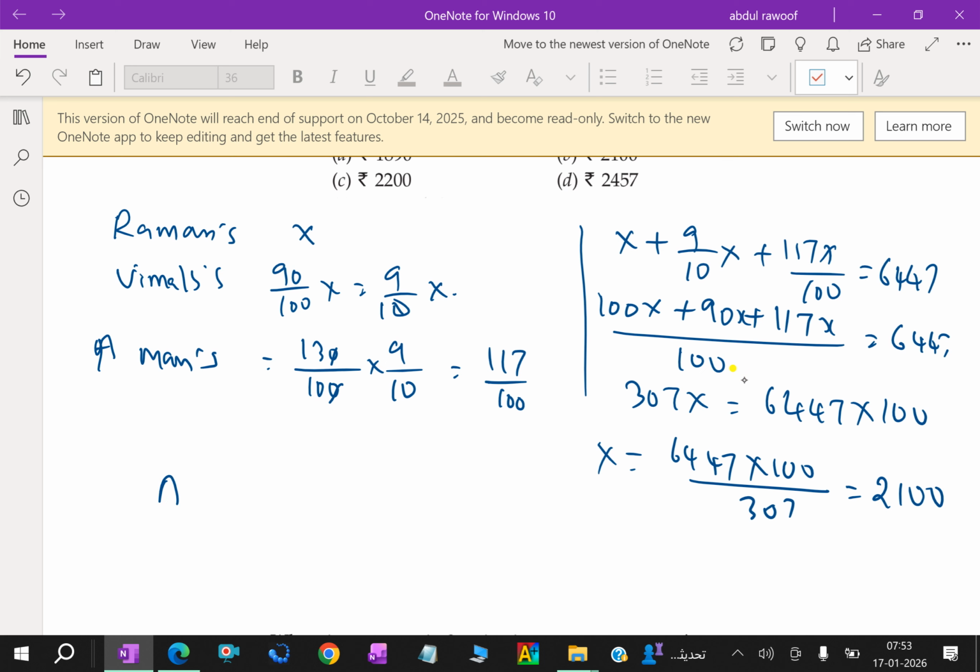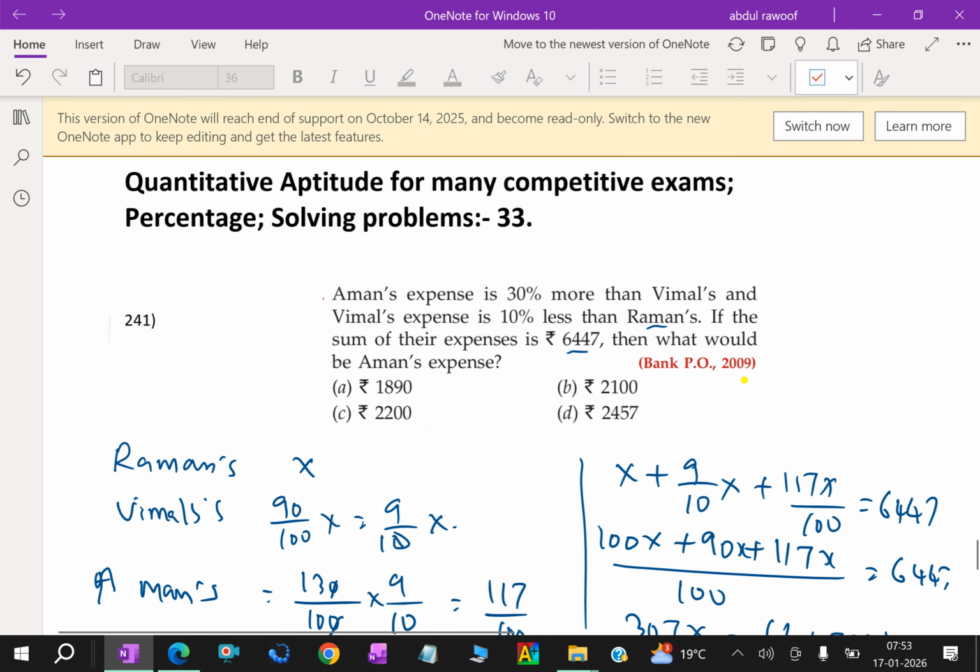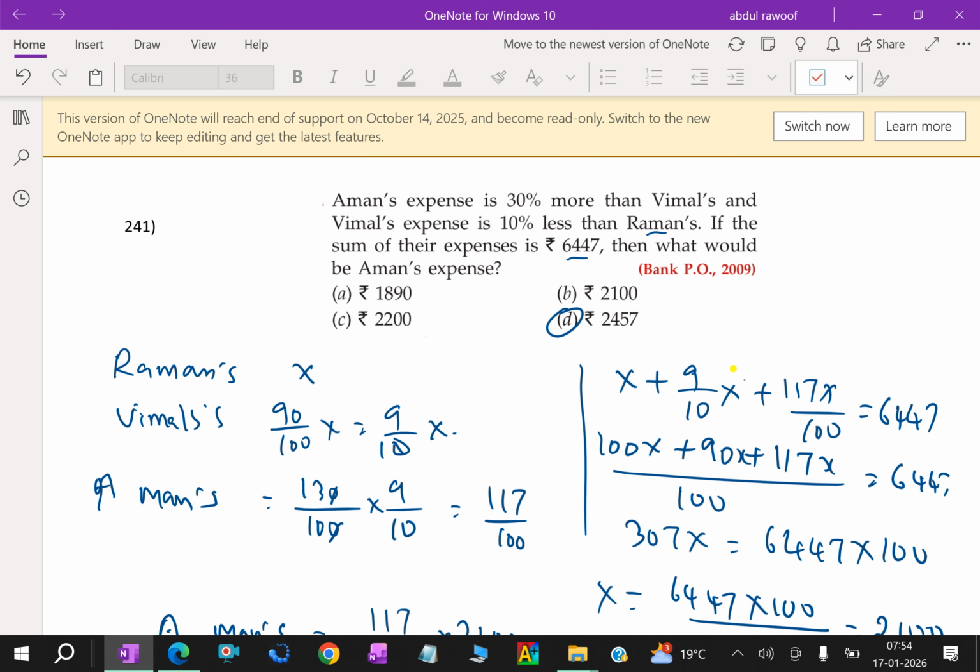A man's expense is 117 by 100 into 2100, which is equal to 117 by 100 into 2100. 21 into 117 gives 2457. 2457, which is now option D. Next question.